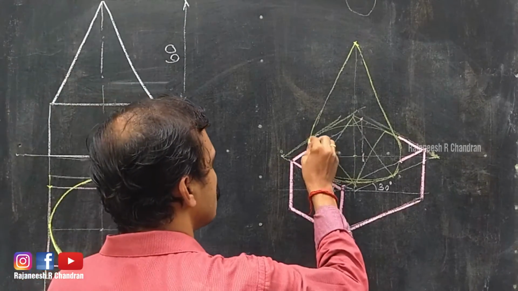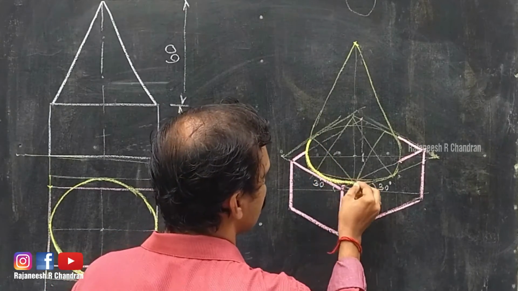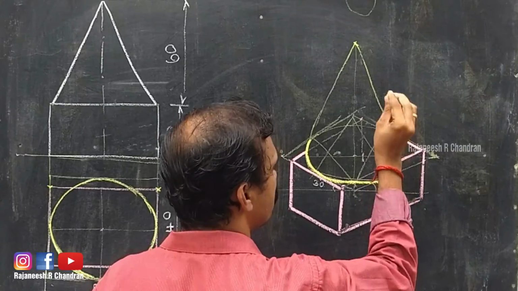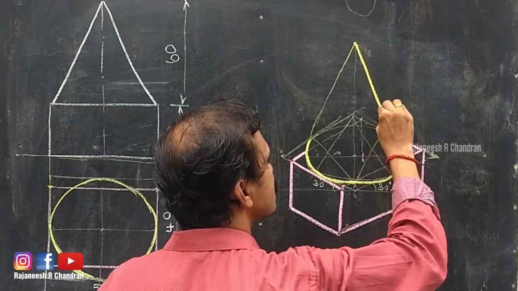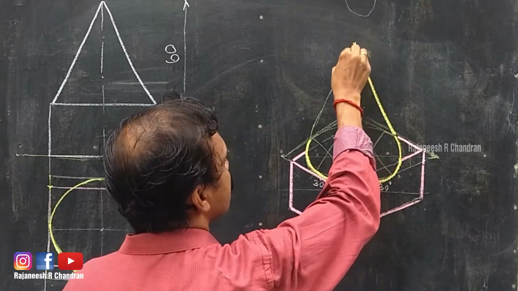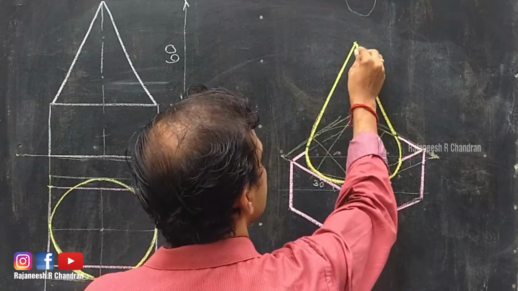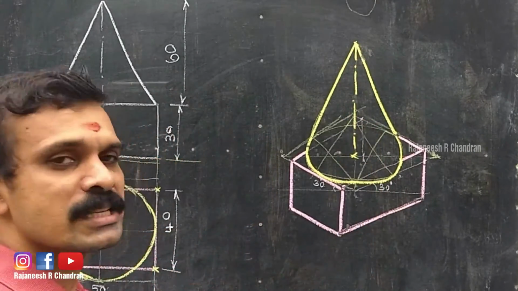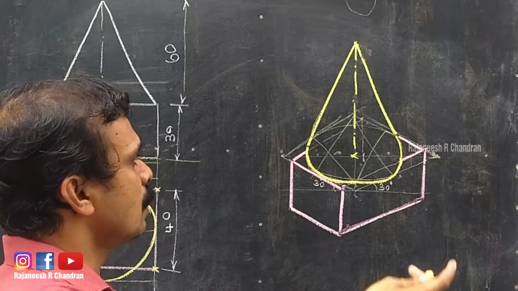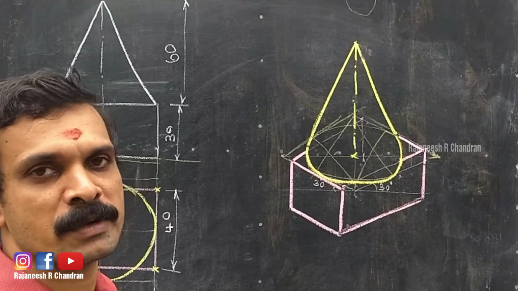Now see, this is the ellipse. That also will be visible. This will be the axis of the ellipse. Only this much is necessary. All the other things will be invisible, so it is not necessary to draw them in the isometric projection.